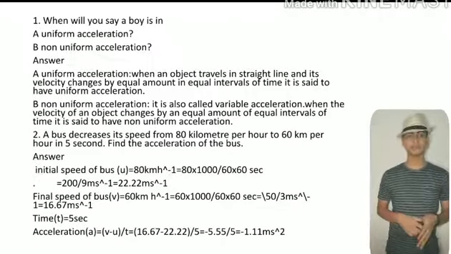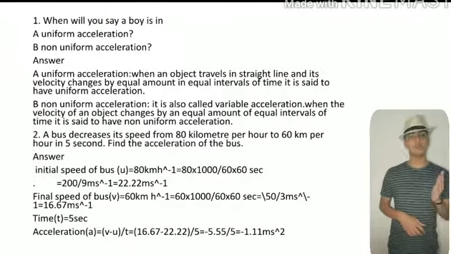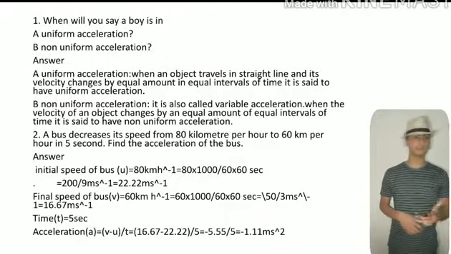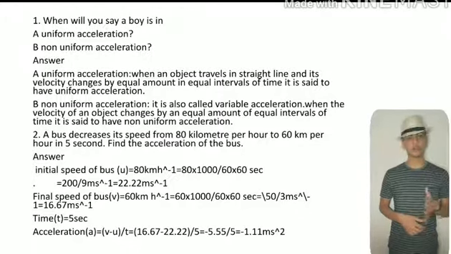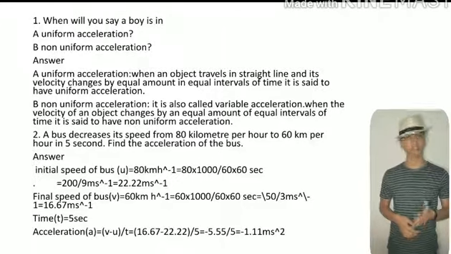The final speed of the bus, V, is 60 km per hour, making it 60 into 1000 by 60 into 60 seconds, that is 50/3 meter per second, or 16.67 meter per second. The time given in the question is 5 seconds.